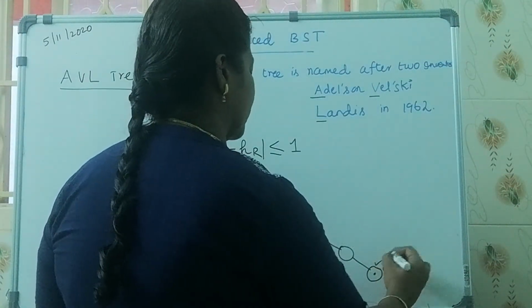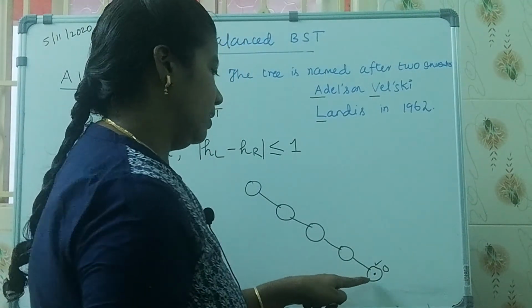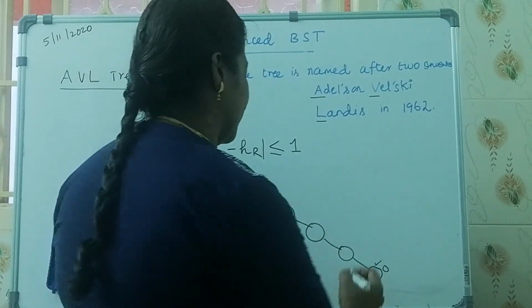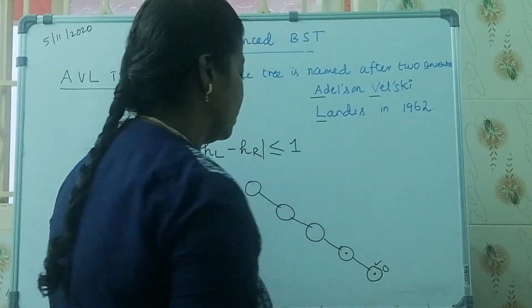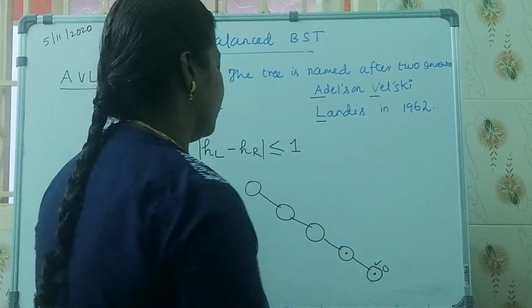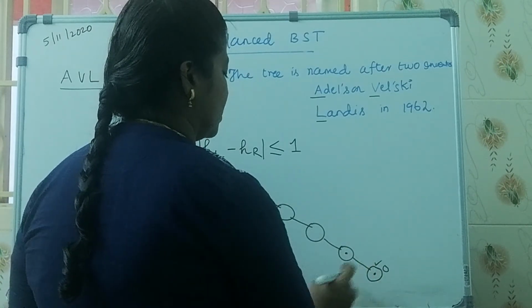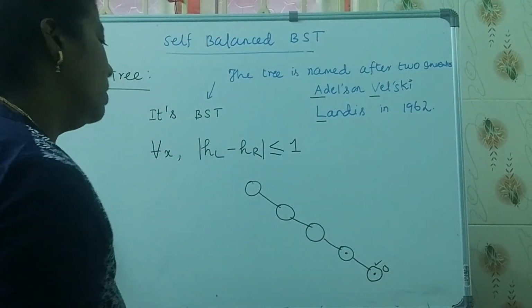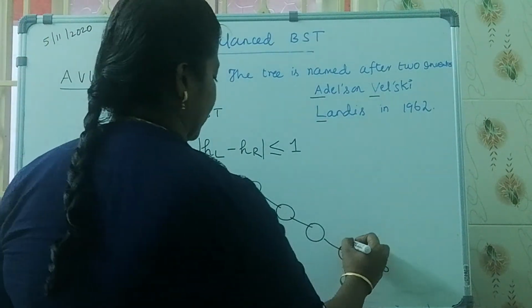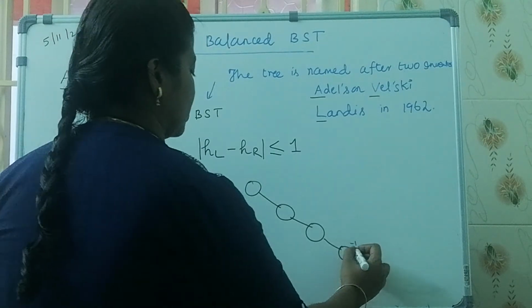So this node satisfies the self-balanced BST property. For this node, the left is 0 and the right side has height 1, so the balance factor is -1, and this also satisfies.